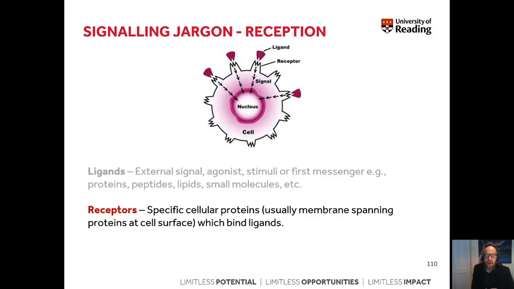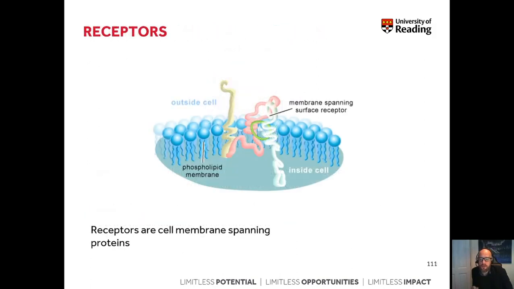Receptors are specific cellular proteins, and they are usually membrane spanning at the cell surface, and they bind the ligands. There is actually one exception to the rule, because there are also receptors present in the cytoplasm of the cell, and those receptors bind, for example, steroids. But this is something Dr. Cottrell is going to be talking about in his biochemistry lecture series.